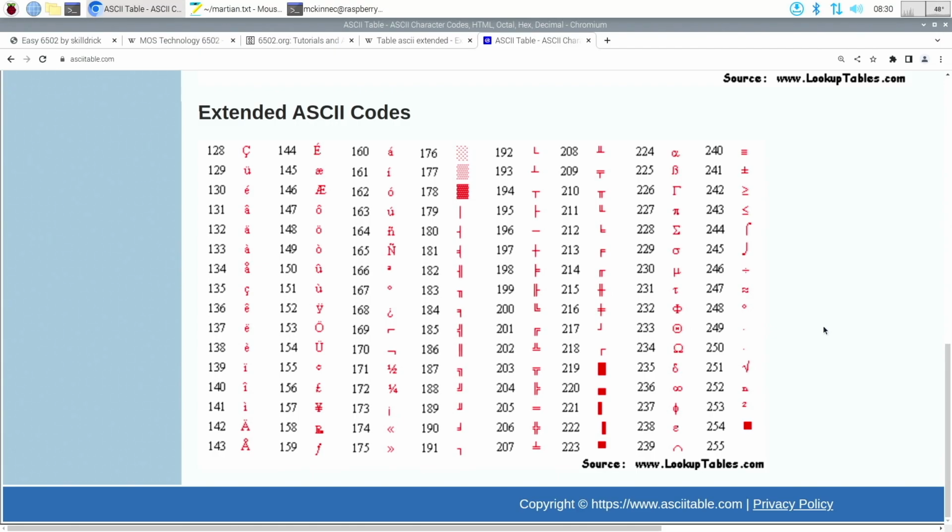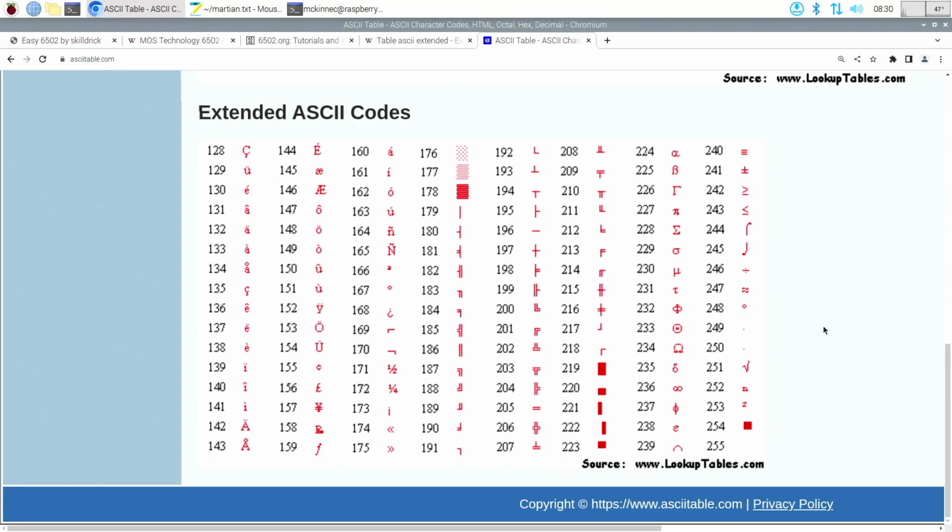We used it in Old English, but I don't think we use it anymore. And then we've also got some extra currency symbols beyond the dollar. So we've got cents, British pounds, yen. I think this is the ruble. I think that's a scripty F.